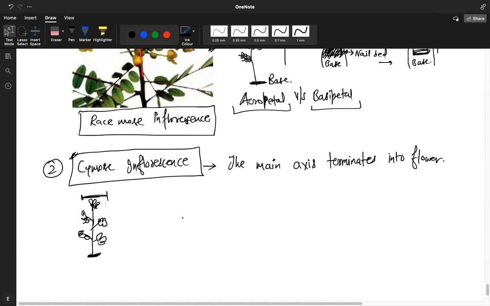In cymose, new flowers are born in basipetal order. Okay. Is it clear, people? Cymose, racemose, both inflorescences are clear.